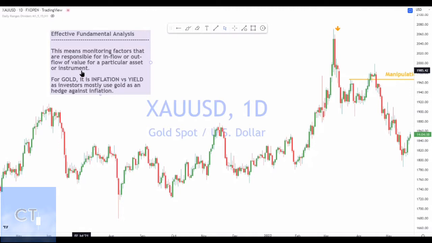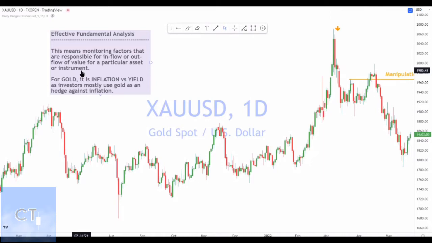Now, I found out the best and the most effective thing to do is to follow the steps of the big traders, not just based on price action only. I'm looking at certain indicators that tell me that the big traders are buying into an asset or selling out of an asset. This is how I do my fundamental analysis.